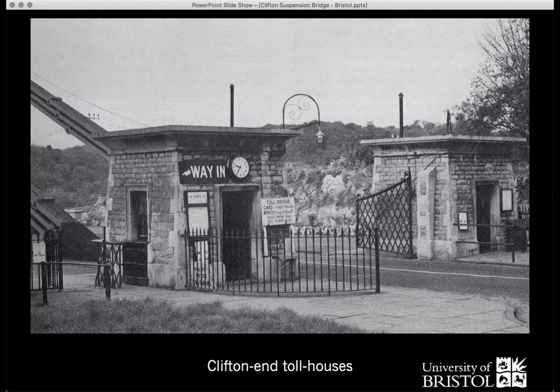But in spite of the fact that the main towers were never completed to their Egyptian design, the approaches with the toll houses were indeed completed to that original intention.